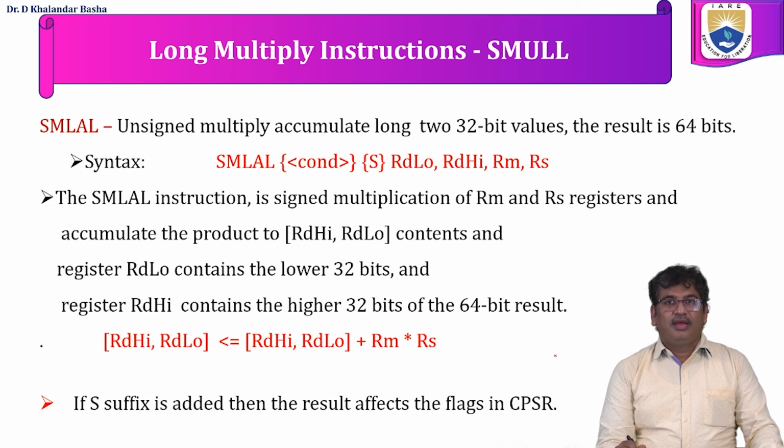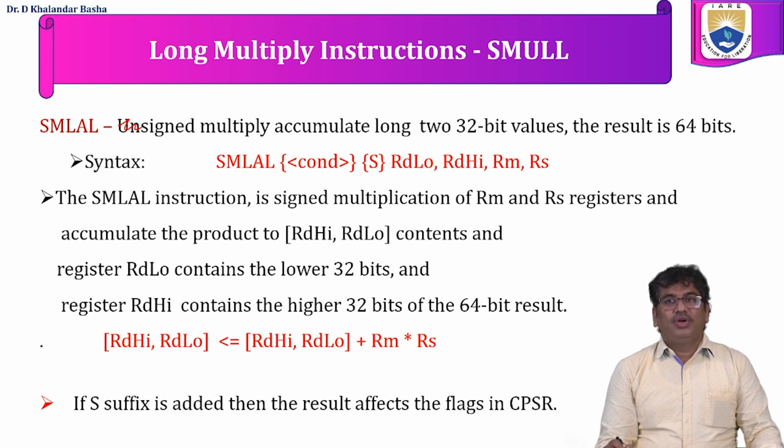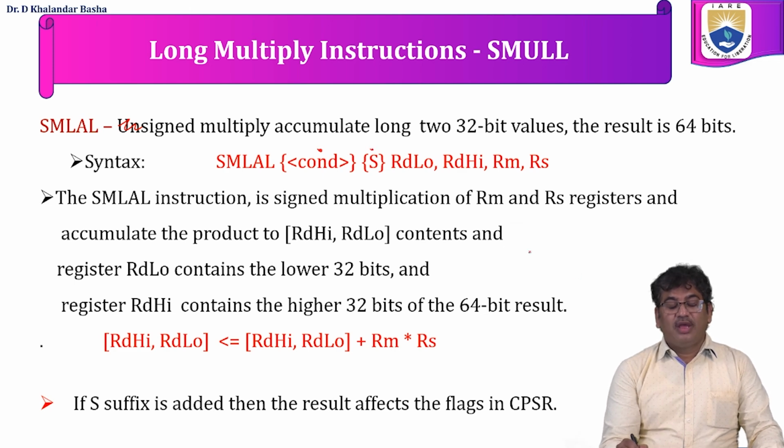SMLAL. This instruction is used for signed multiplication of two 32-bit values, and it will accumulate. The result size is 64 bits. The syntax of the instruction is SMLAL, condition, S. This condition and S are optional.